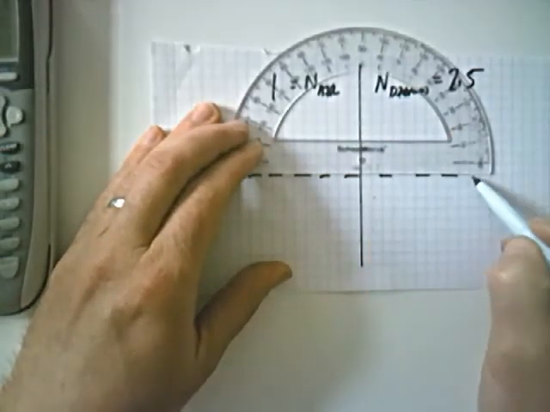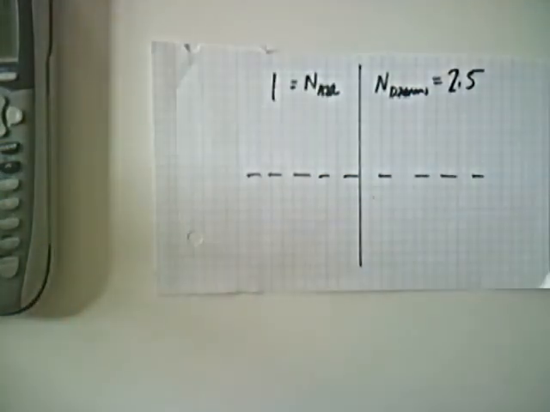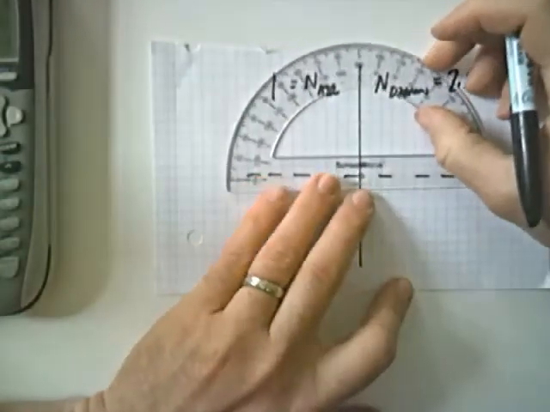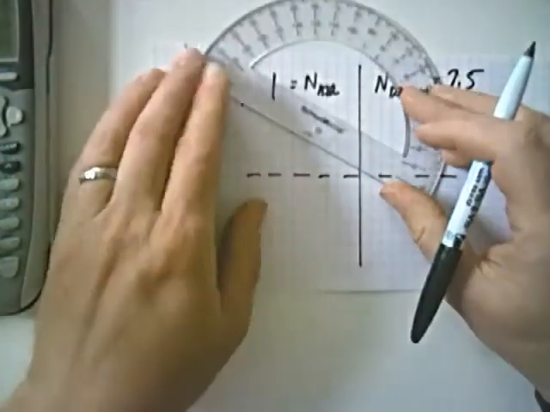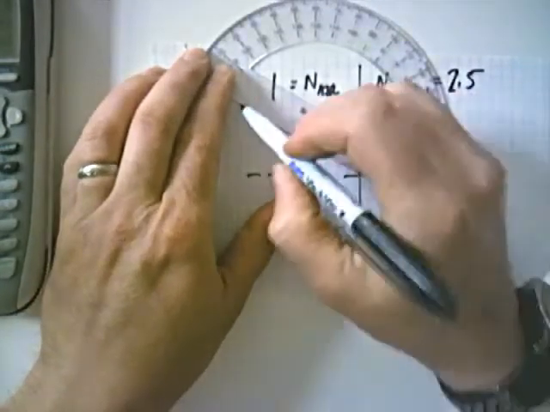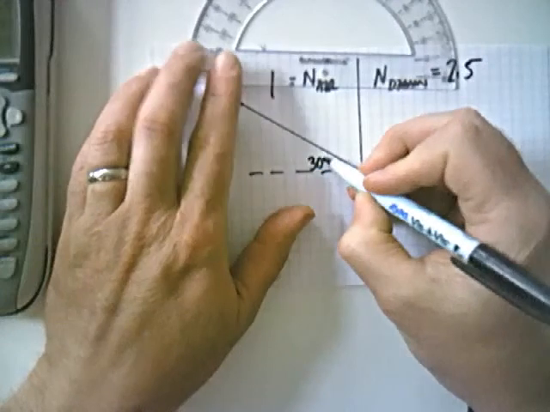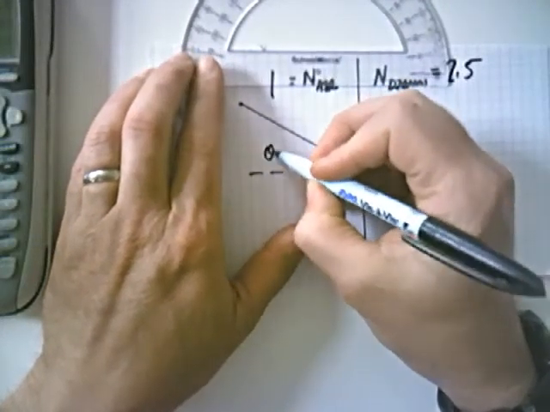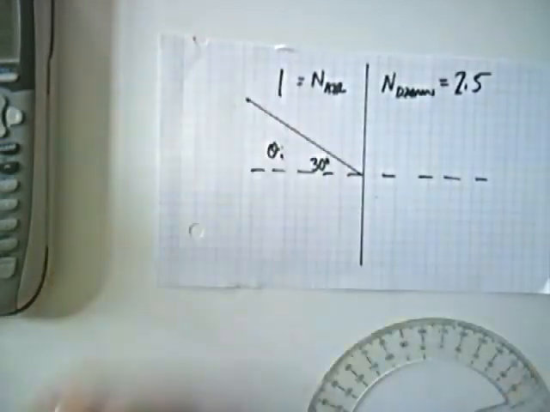And then we're going to come in, let's do 30. Why not, right? Let's keep the party going. So we're going to come in at 30 degrees. We call this theta I. And then we're going to leave at some unknown angle that we don't know yet.